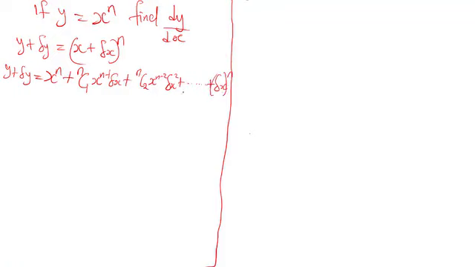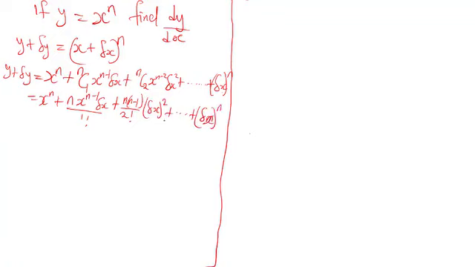Now this can be broken down into x raised to power n plus, n combination 1 is n, so n x to the power n minus 1 change in x, plus n minus 1 all over 2 factorial change in x squared, plus up to change in x raised to power n.